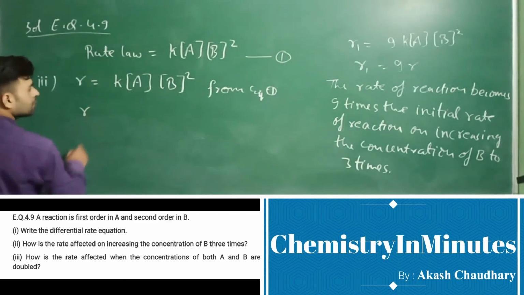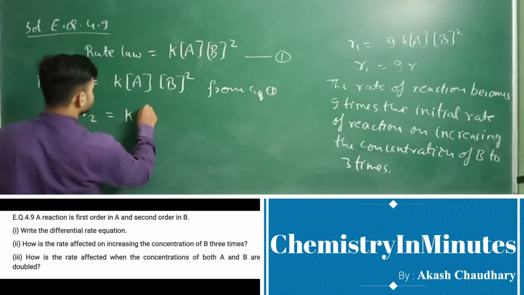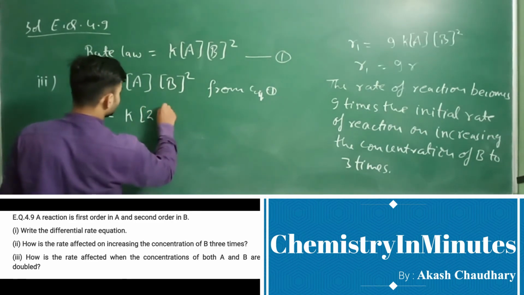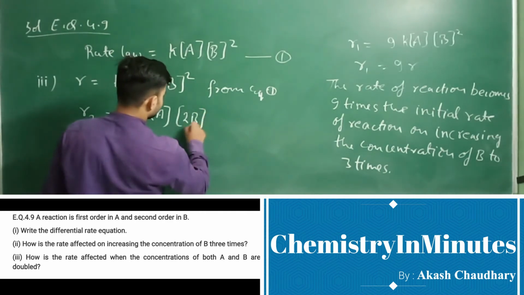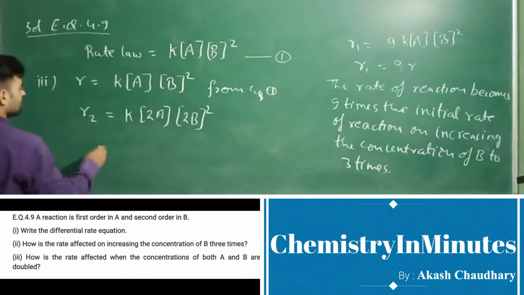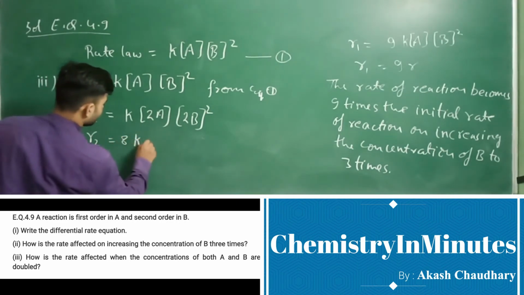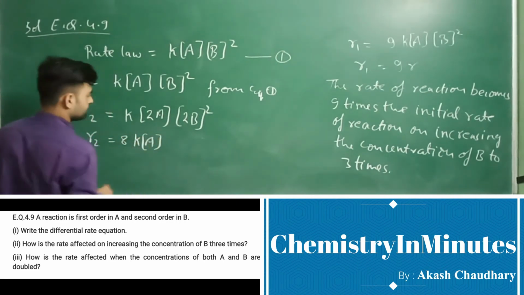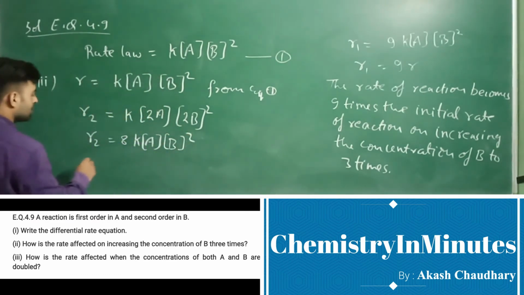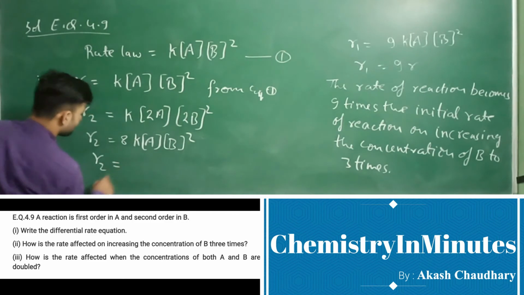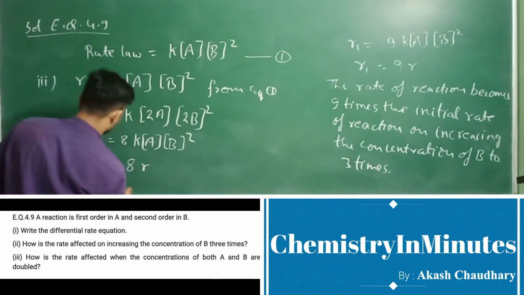Now R2 equal to k, twice of concentration of A into twice of concentration of B square. So R2 equal to 8 k, concentration of A, concentration of B square. So R2 is equal to 8R.